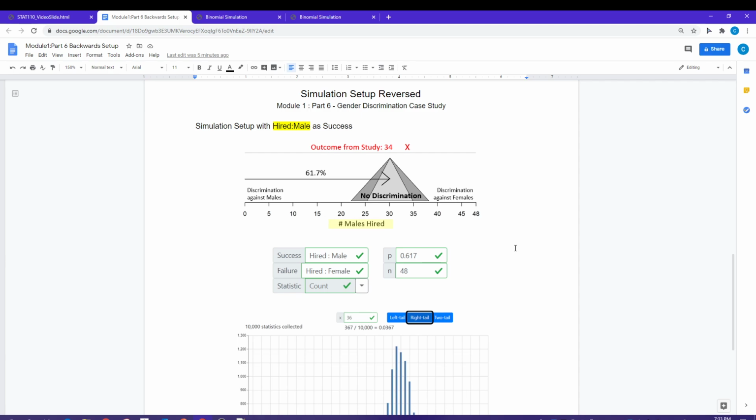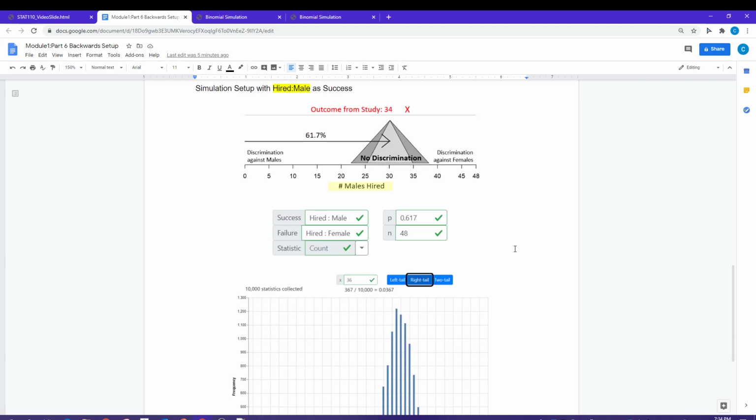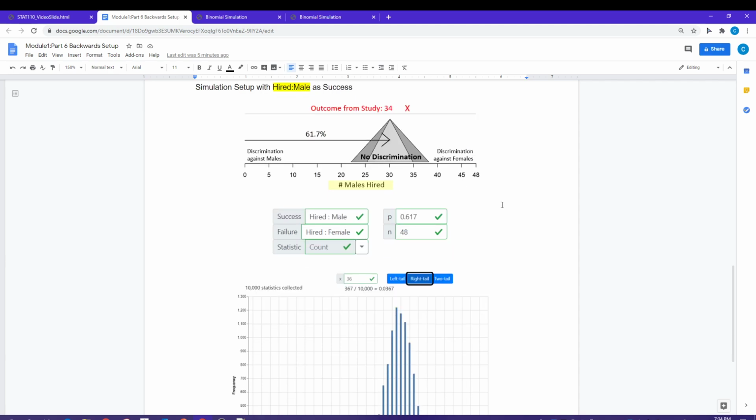So again, when deciding what end of the distribution I care about, you need to ask yourself, what are we trying to prove with our investigation? So when I'm doing a study with the number of males hired, I care about the upper end of the distribution.